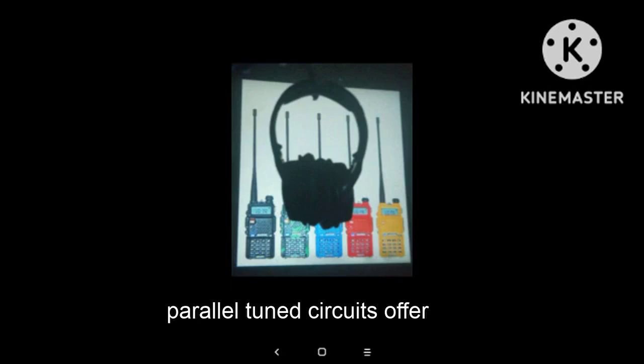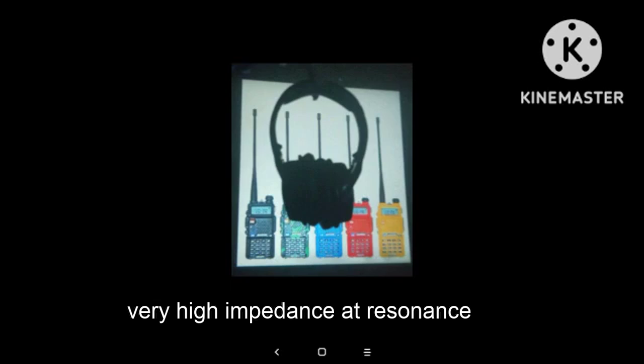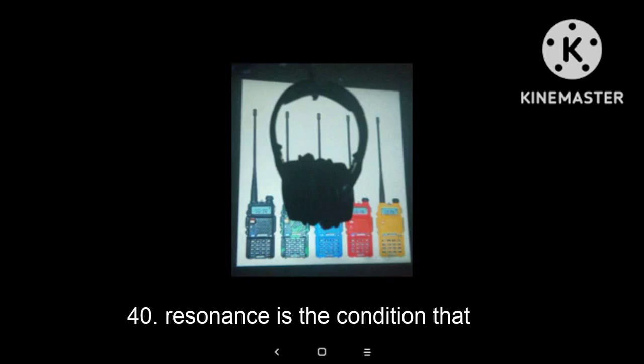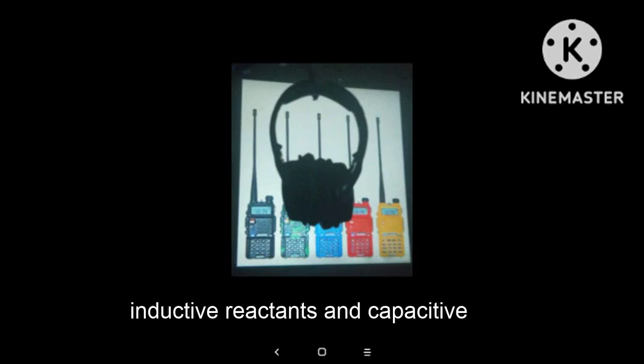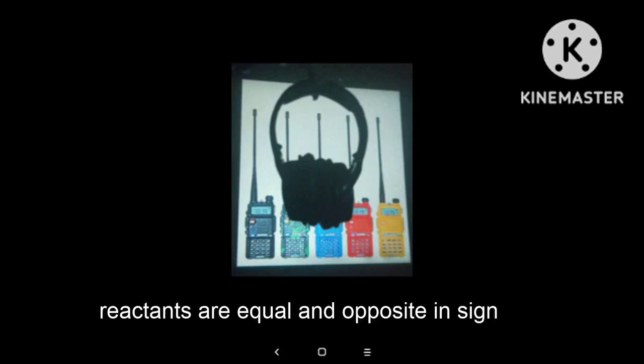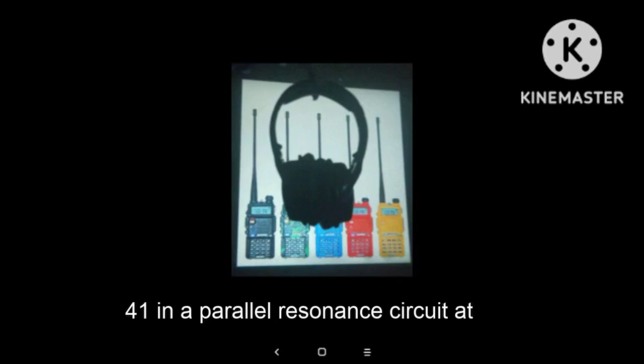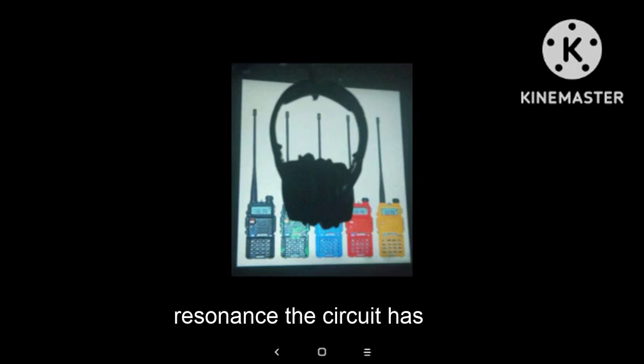Parallel tuned circuits offer very high impedance at resonance. 40. Resonance is the condition that exists when inductive reactance and capacitive reactance are equal and opposite in sign. 41. In a parallel resonance circuit at resonance, the circuit has high impedance.